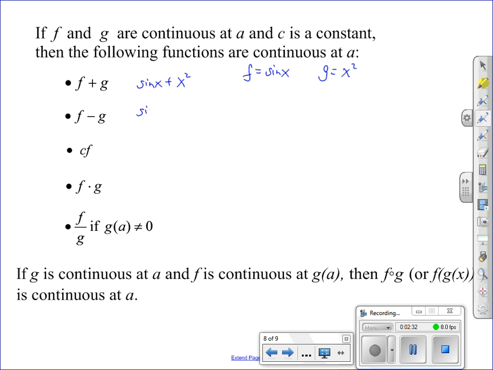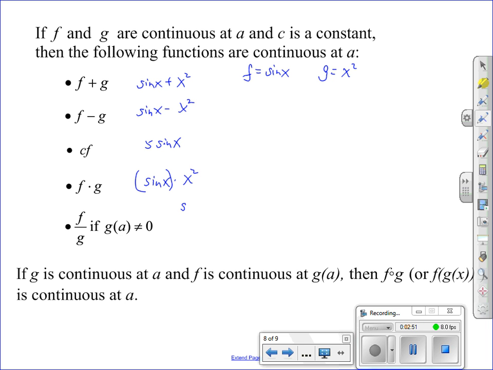F minus g, sine x minus x squared, is continuous everywhere. A number times f, like 5 times sine x, is continuous everywhere. F times g, so sine x times x squared, is continuous everywhere.